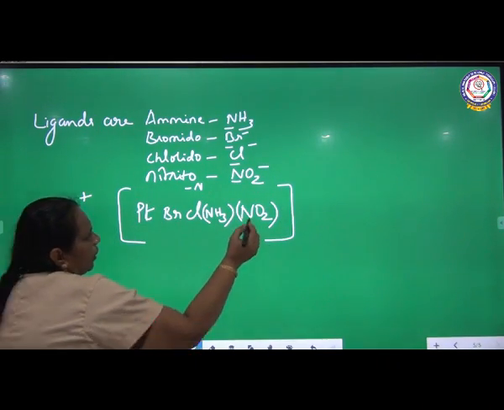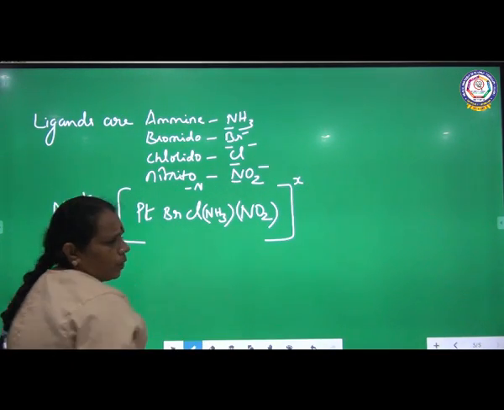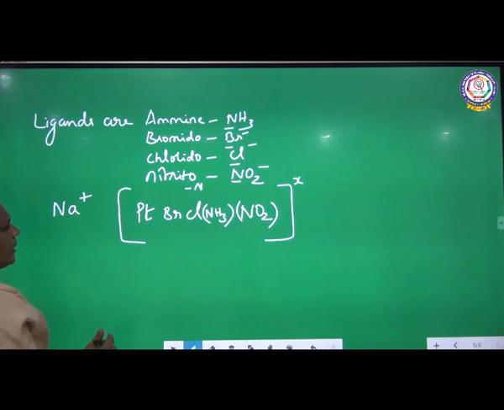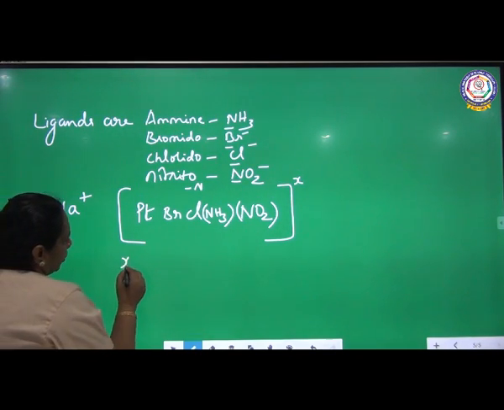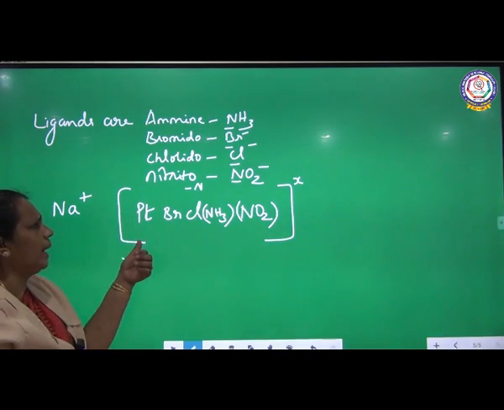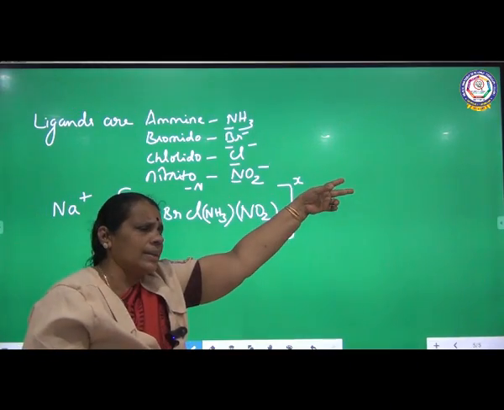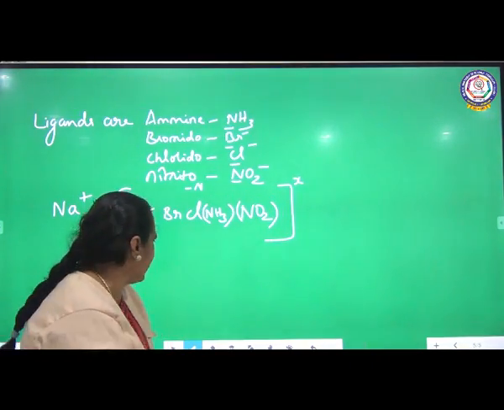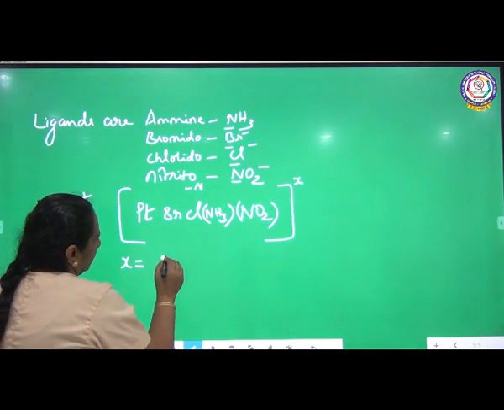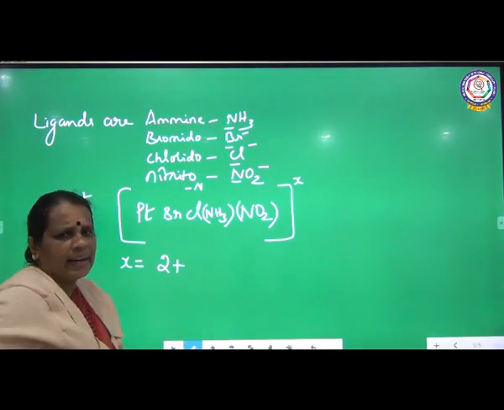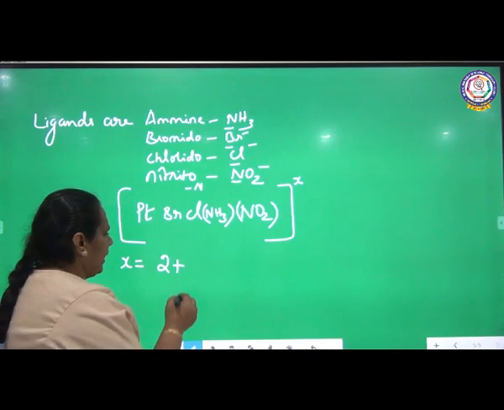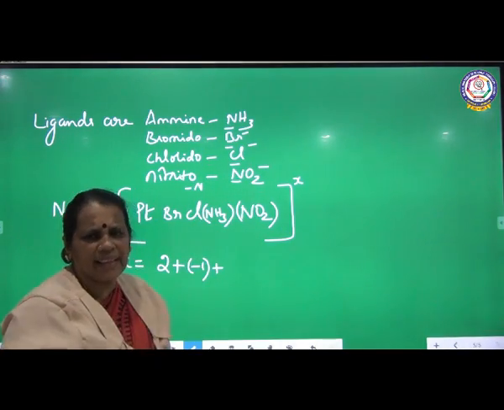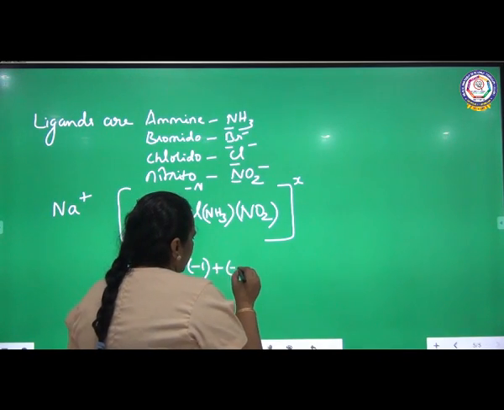Now we are going to find out the charge of the complex. I don't know it, so I am taking the charge as X. We are going to calculate X now. X is equal to, platinum, we have seen the oxidation state in the name, platinate 2. So the oxidation state of platinum will be 2. Plus for bromine, it is a negative ligand, so it will be -1. For chlorine, again a negative ligand, so -1.